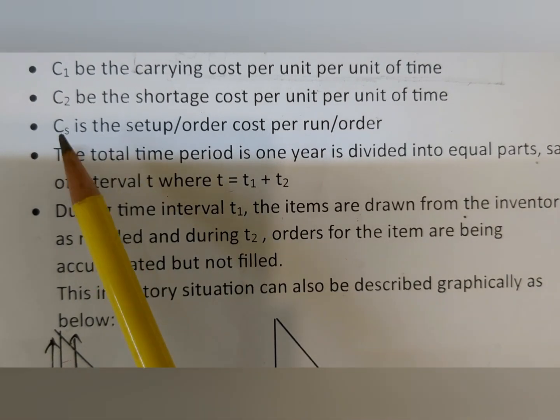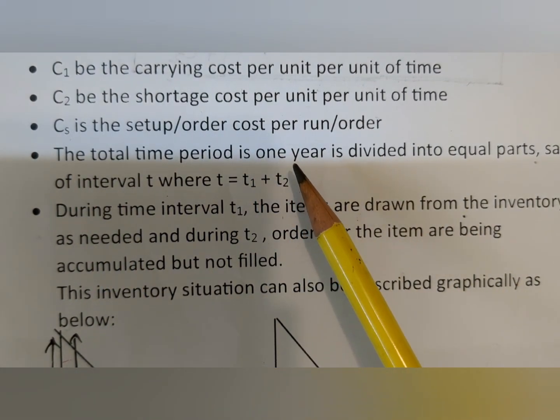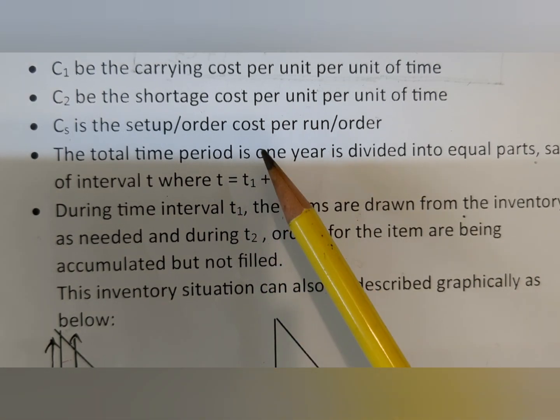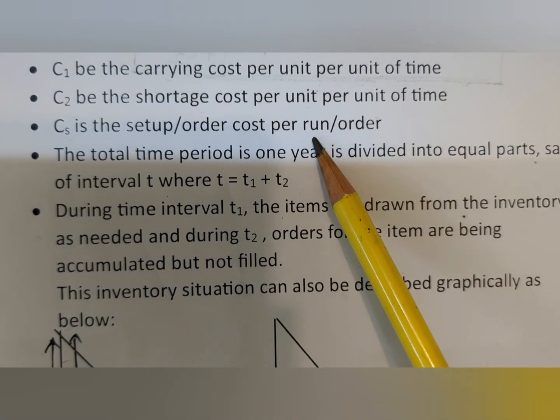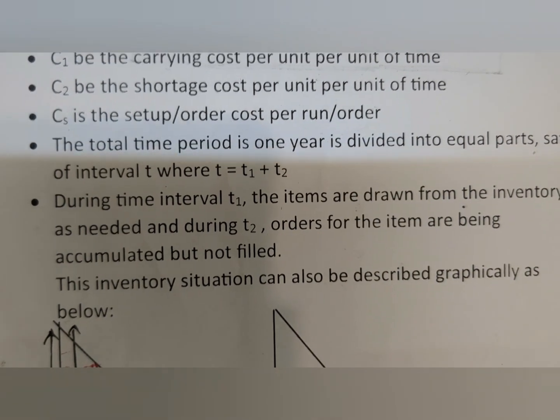Next, CS is the setup or order cost. That is the cost required to set up the ordering system, or order cost per run per order. If it is production, then it will be called a run, or otherwise it is an order. Better it is order in this case.